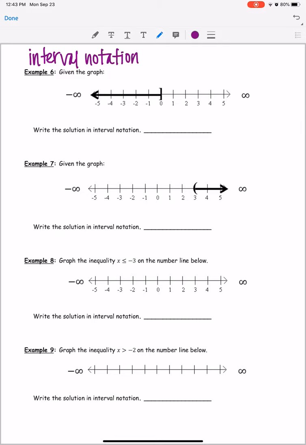you always want to go from left to right. And you're not always going to use parentheses.